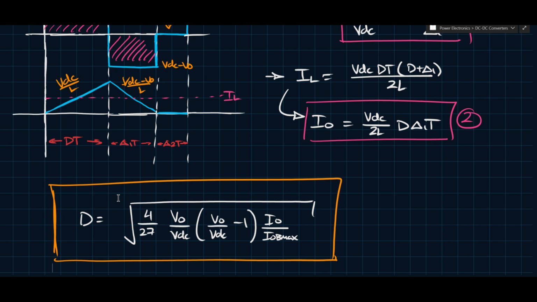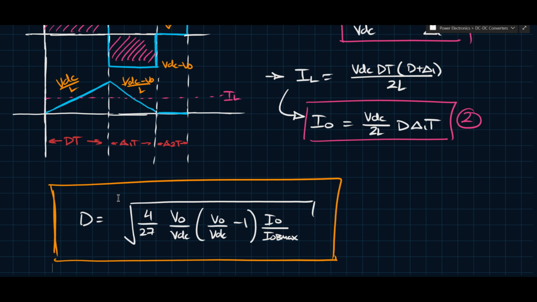So having an expression directly for the conversion ratio is not necessarily useful for us, but having an expression for the duty cycle is very useful, because your controller, in response to any disturbances, is always going to act so as to maintain whatever reference you give it. And if the reference is to always maintain a certain output voltage, it'll vary the conversion ratio through D. So if you have a closed form expression for D, you're much better off in that case. So that's why we've done it this way here.